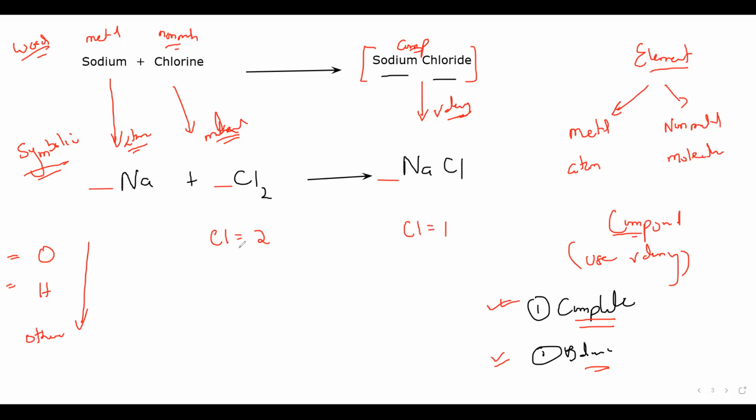On the left hand side I have 2, on the right hand side I need 2 chlorine. So what number should I write? I should write 2 here, because when I write 2, it makes 2 sodium and 2 chlorine. So chlorine is balanced. Is it clear?